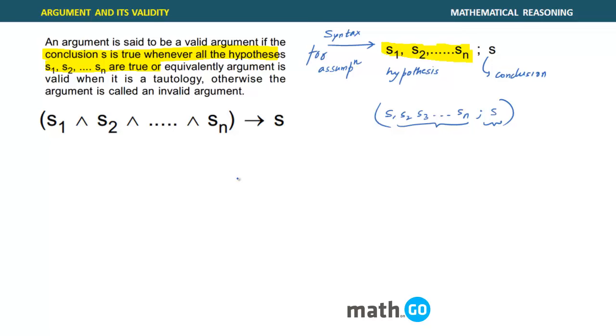The conclusion is true when this particular implication written over here is a tautology. If this comes out to be a tautology, then the argument is always valid. This is how you check the validity of the argument. Let's apply this concept to the problem.